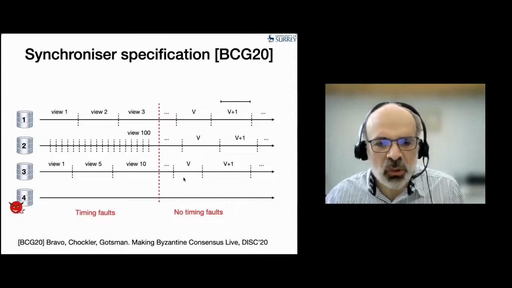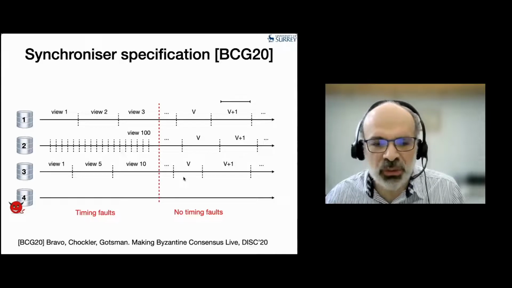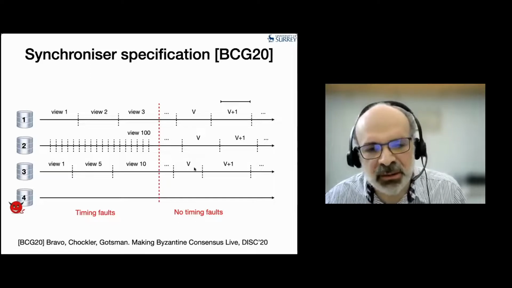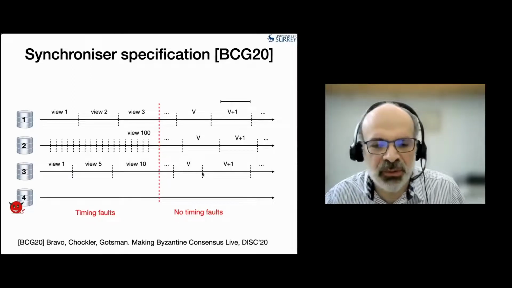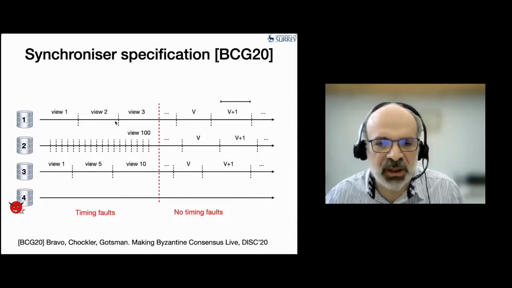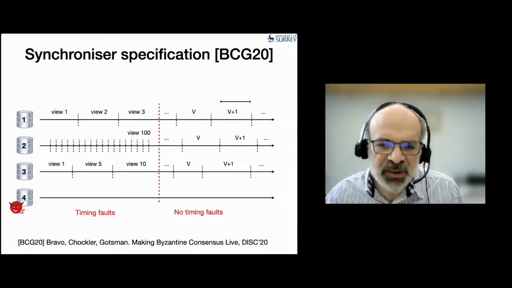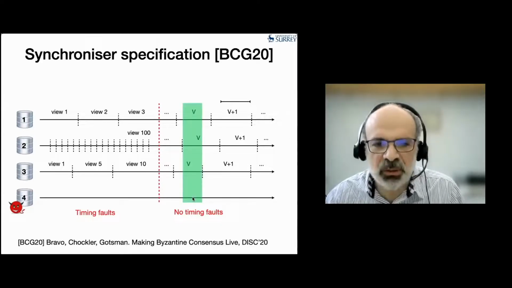So what is this more structured view of the system? It is something like this. These dotted lines indicate the beginning of the views, so views are consecutive. Not everyone necessarily enters the same view V at the same time, but we have an overlap.